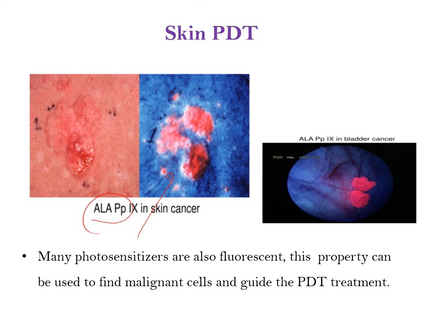It can give light, and that could be used to indicate the area of the skin that is malignant, and this will allow us to select or target the required tissue part to apply effective photodynamic treatment.